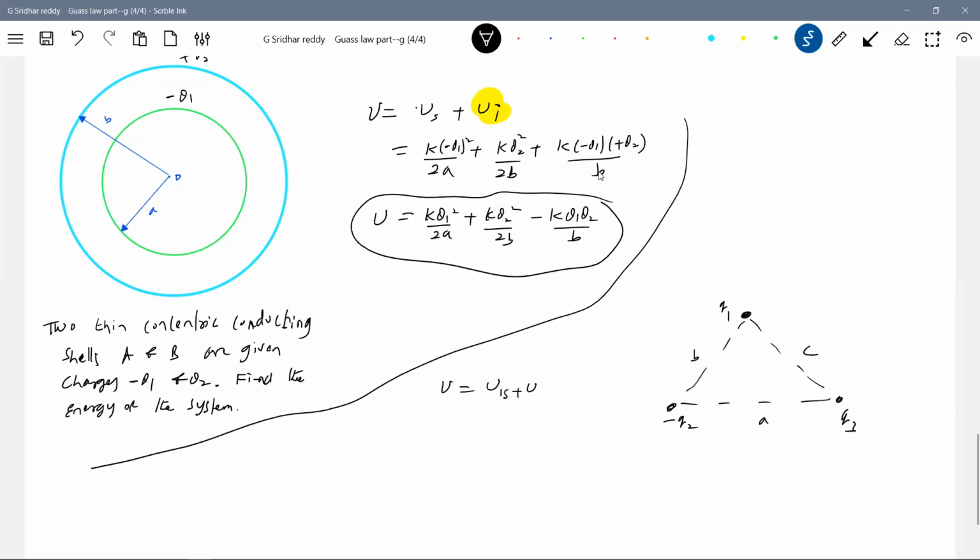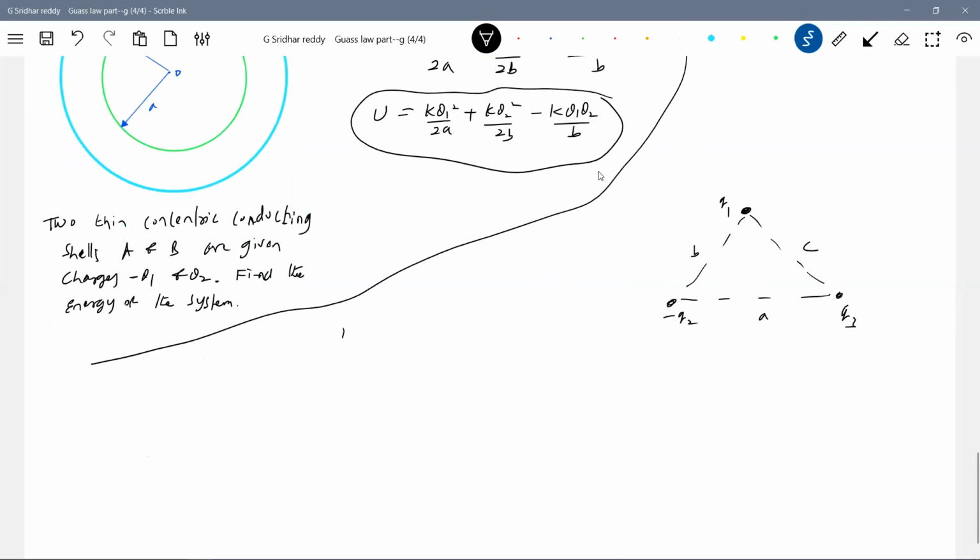Self-energy of 1s, 2s, 3s, plus interaction 1,2, 1,3, plus 2,3. 1s will be 0, 2s will be 0, 3s will be 0.